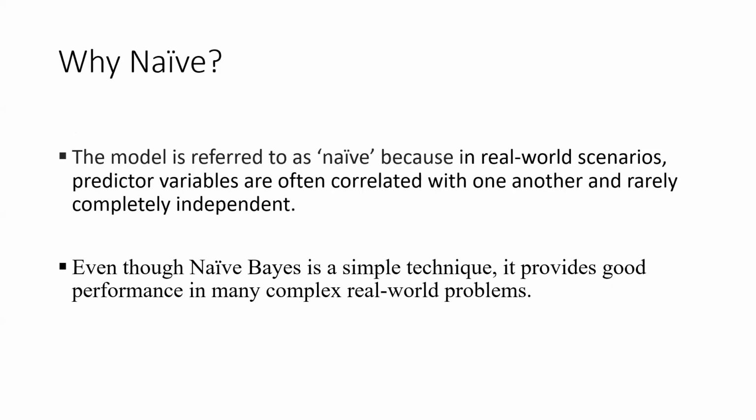Basically that is why it is referred to as being naive, because in the real world there will definitely be some correlation among the predictors. So that is where the term naive comes from. How can you say that all the predictors are independent of each other?